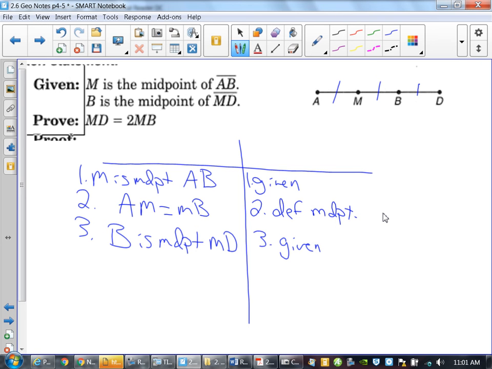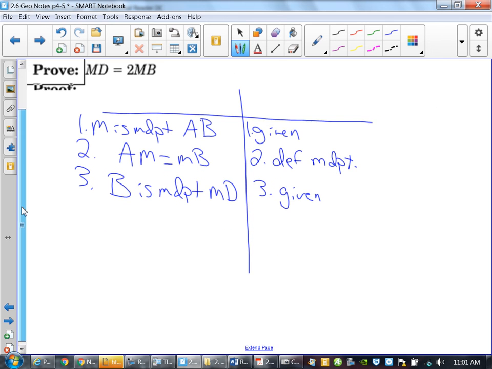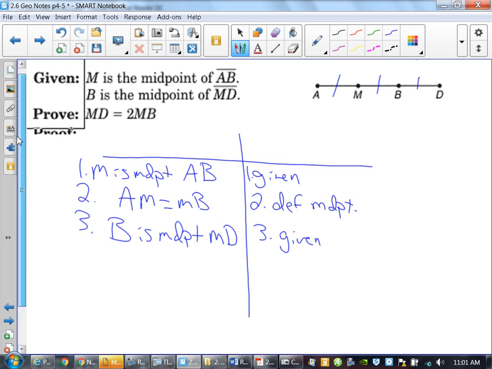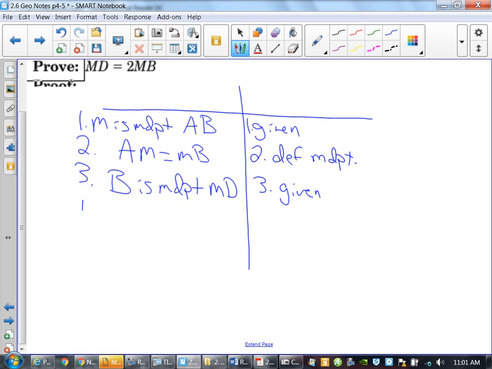I haven't proved it yet, but I have it in my diagram. So it told me midpoint, now I write down my two segments: MB and BD. And that was the definition of a midpoint.